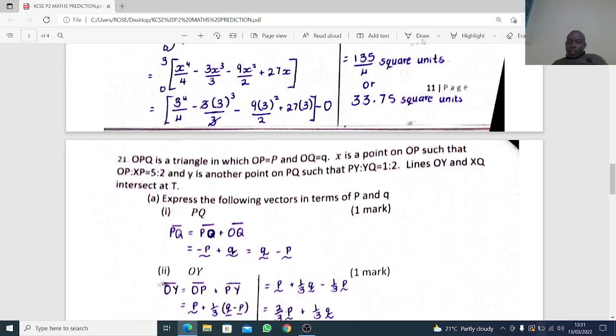Let me get a drawing tool so that I make a sketch for this one. We are told that OPQ is a triangle, so we make a triangle like that, with this point O, this one as our P, and this one as our Q.